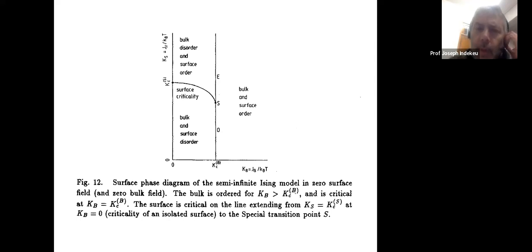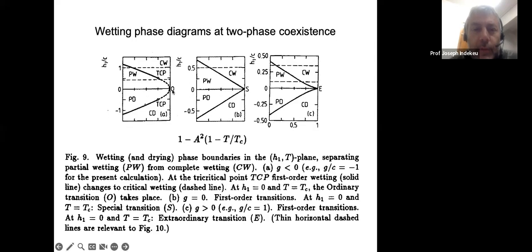So this is useful to see, because also here you note that these points O, S, and E are found at bulk criticality, but in zero surface field, and also in zero bulk field, because I did not say, but would better have said that the bulk field is zero under all these circumstances, because we consider up to now bulk two-phase coexistence.